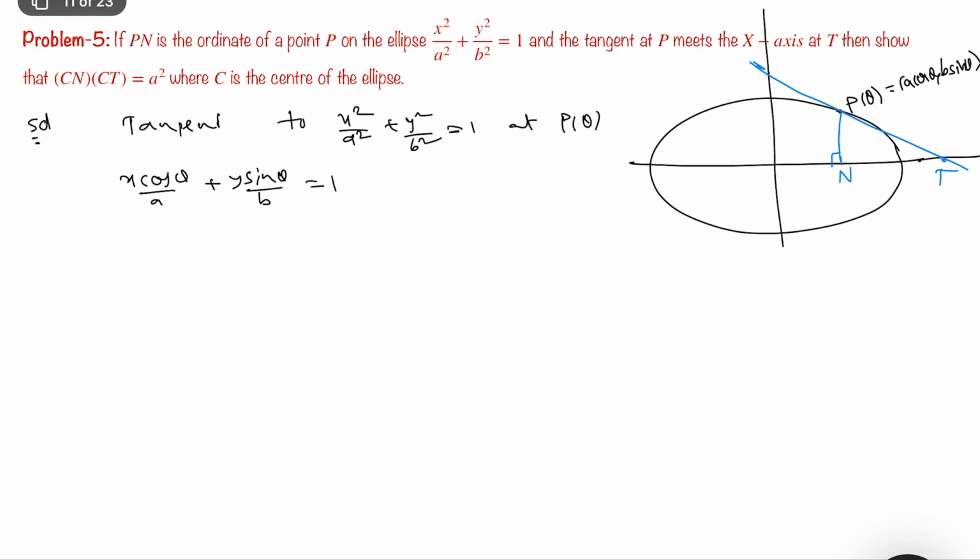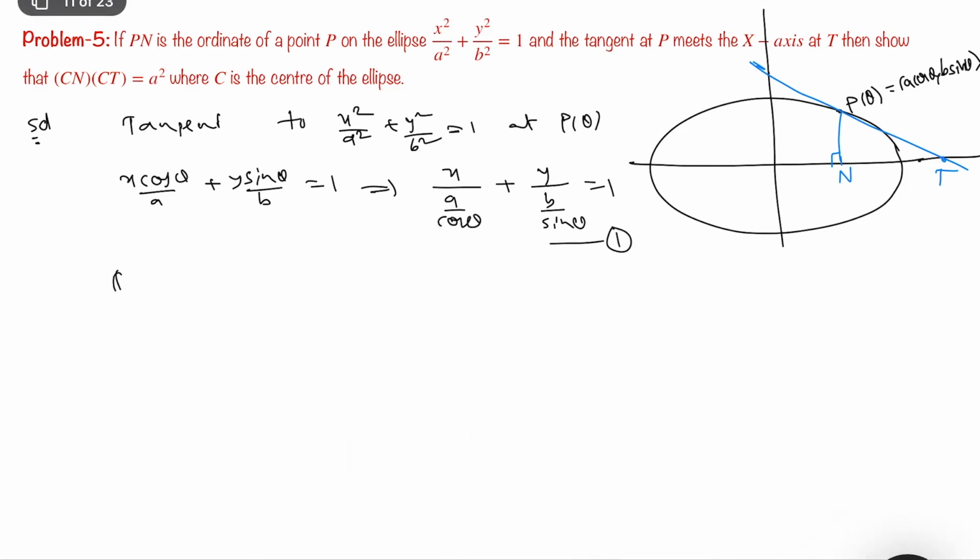Let me write down this tangent in intercept form: x by (a by cos theta) plus y by (b by sin theta) equal to 1. Let me call it 1.